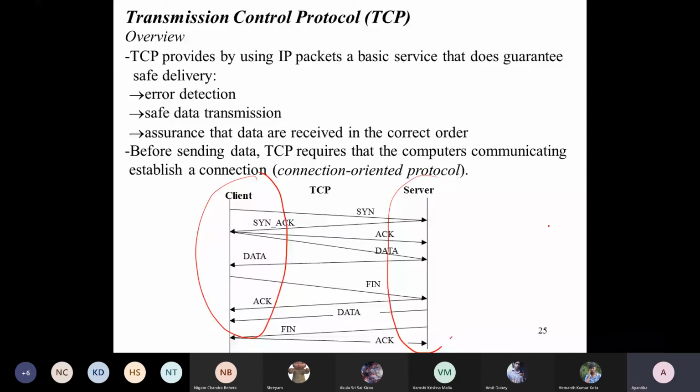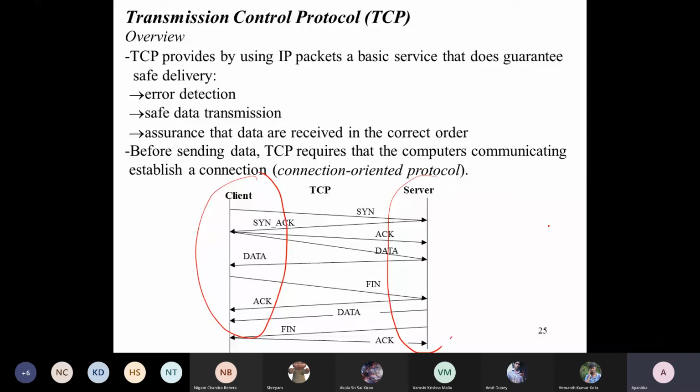But in some cases, delivery of each and every packet is absolutely mandatory. Otherwise, your final data stream on the receiver side cannot be formed. So case by case, either this acknowledgement is required, or you can tell it, okay, I will not follow that.